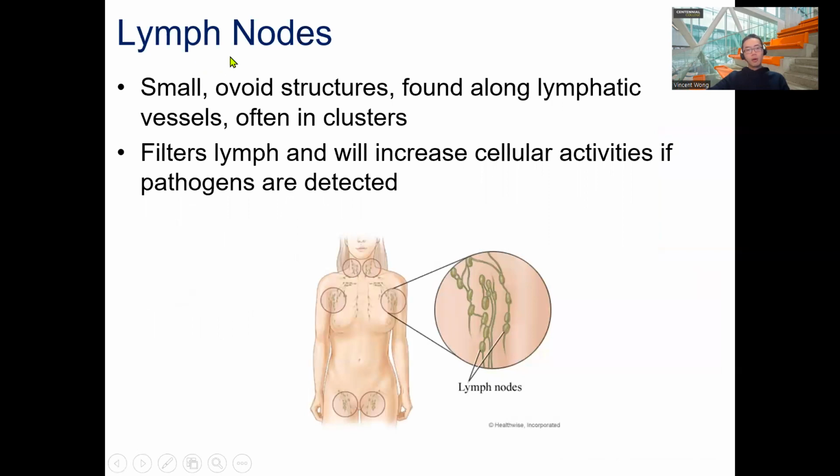We talked about lymph nodes already, right? The clusters around the body. The main function is to filter the lymph, the green fluid that's going through it, and if there are pathogens in it, or if there are foreign particles in it, then it will increase cellular activity, causing them to swell up.